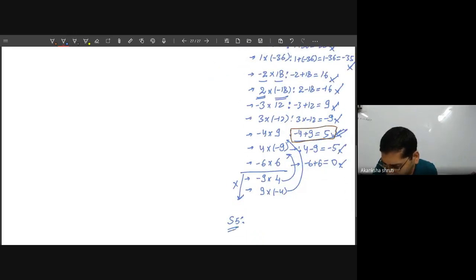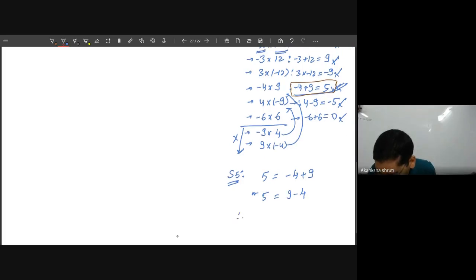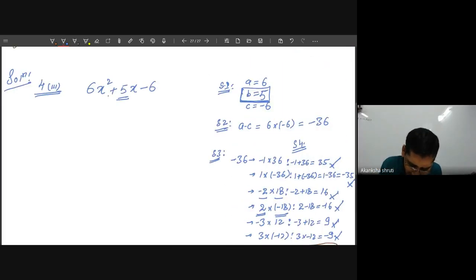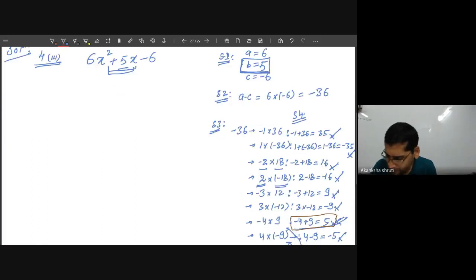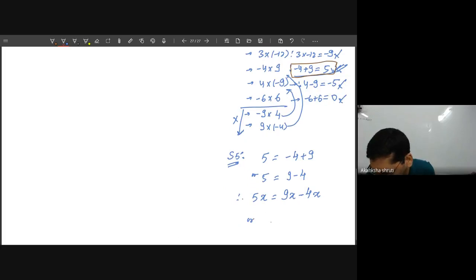So what is our step number 5? Step number 5 is that 5 can be replaced by minus 4 plus 9, or 9 minus 4, which mean the same thing. In the question it is 5x, meaning plus 5x. So plus 5x can be replaced by 9x minus 4x, or even minus 4x plus 9x.